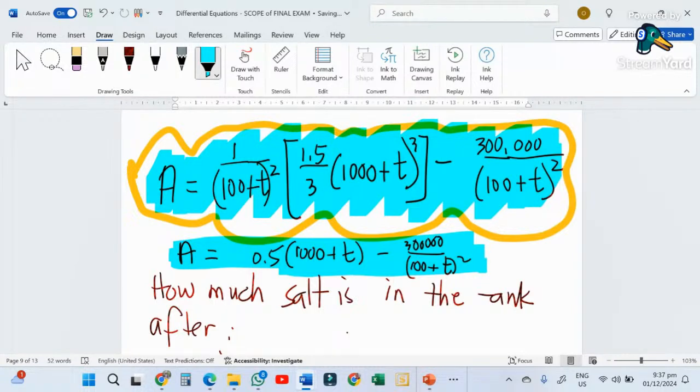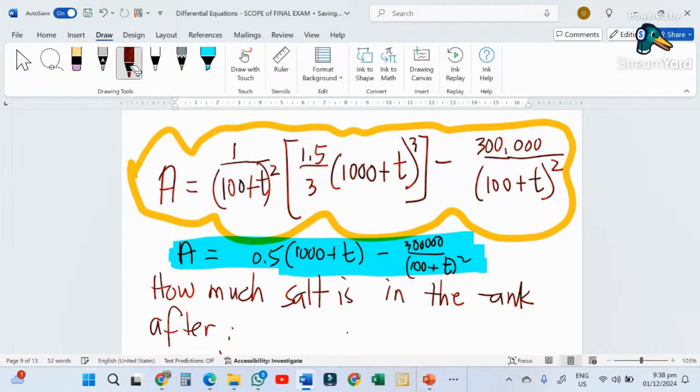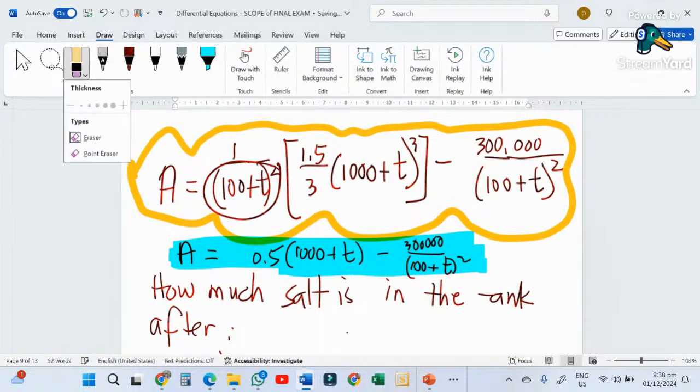If you're going to simplify, then you get a simplified form, which is 0.5 (100 plus t) minus 300,000 over (100 plus t) squared. How do you do that? In this (100 plus t) raised to the third power, there will only be one (100 plus t) left.